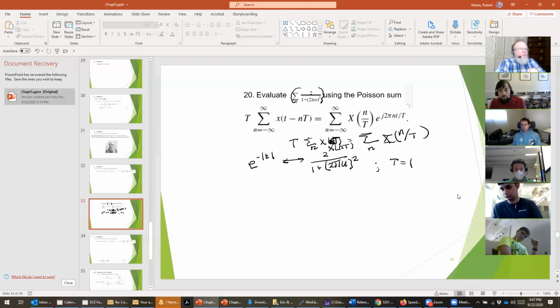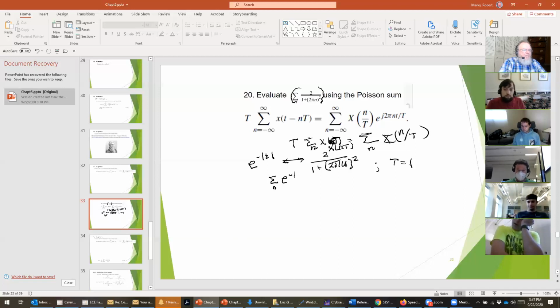Okay, first of all, I think you can see that the summation over n of e to the minus n has a Fourier transform equal to, according to the Poisson Sum Formula, the sum over n of 2 over 1 plus 2 pi n squared. Is that okay?